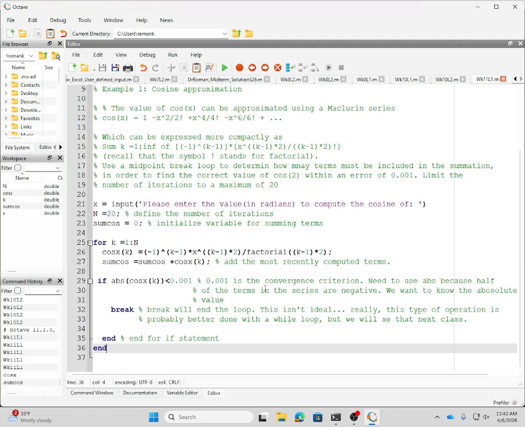What did you do? Did you look at cos x? Or did you look at cos and cos x? Because cos is already a function in this one.